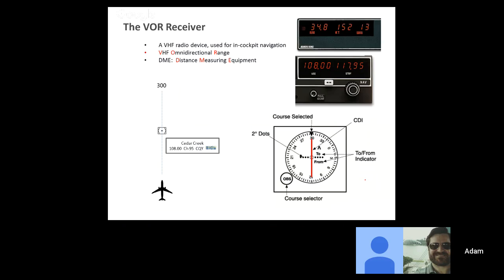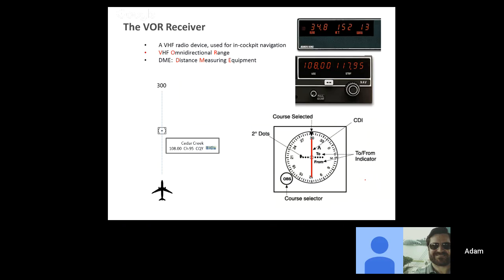One more acronym to know: DME, distance measuring equipment. Some of these VOR stations, these radio stations, have what's called DME, meaning not only are they sending out discrete radio signals for each degree of the compass rose, but they're also sending out a signal that will tell the radio receiver in the cockpit the distance from the station.